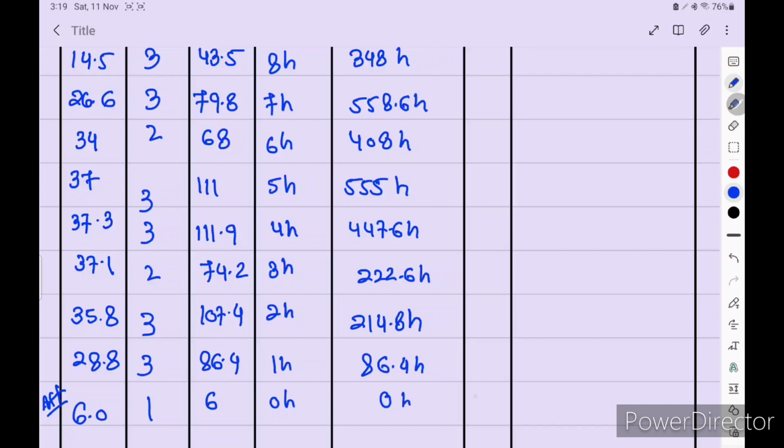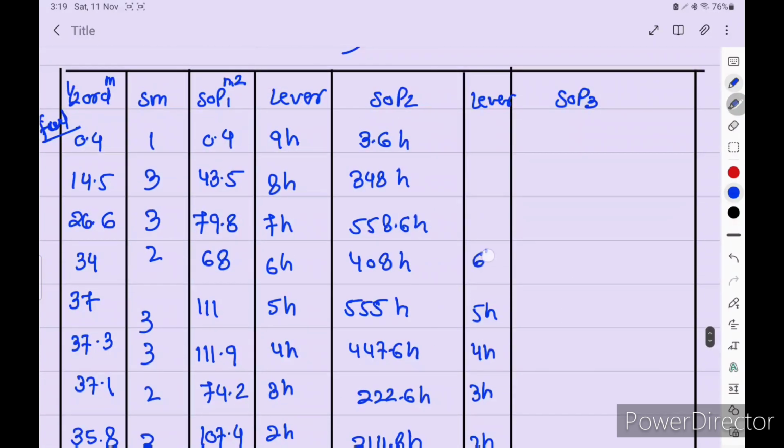Again we have the same levers 0h, 1h, 2h, 3h, 4h, 5h, 6h, 7h, 8h, 9h. Again we have to multiply these two.